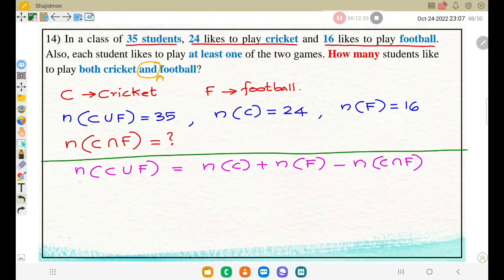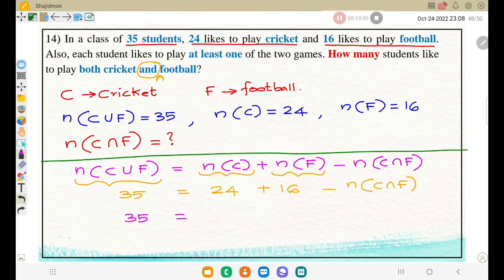What are the numbers given here? Number of C union F is 35, equal to number of cricket, 24, plus number of football players, 16, minus number of C intersection F, we don't know, we need to calculate that one, correct. Now you can add here, simplify, you will get the answer. So 35 equals 24 plus 16, that means 40, minus number of C intersection F.